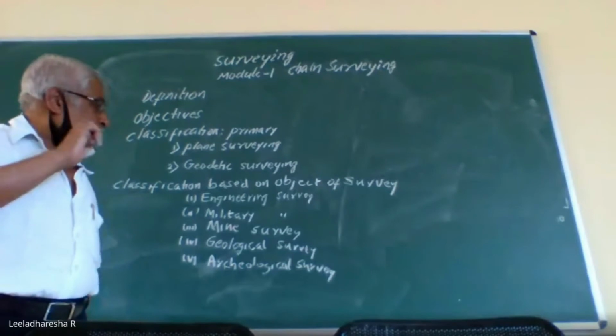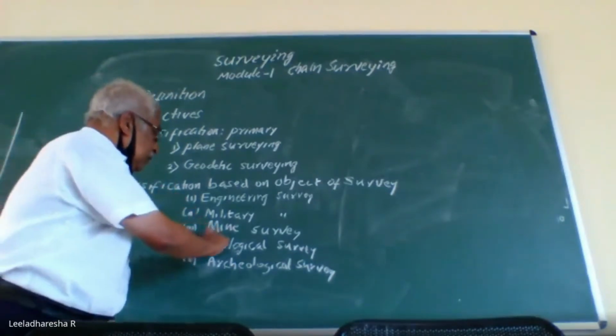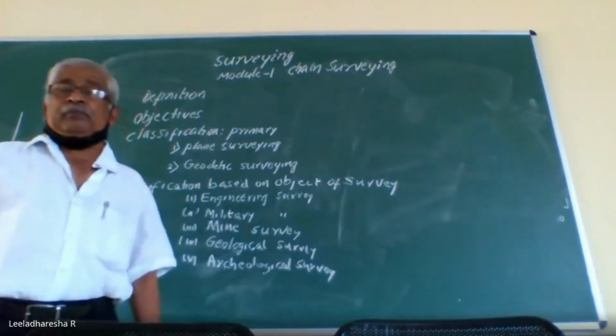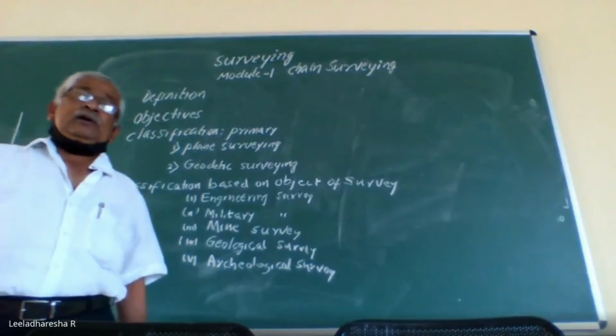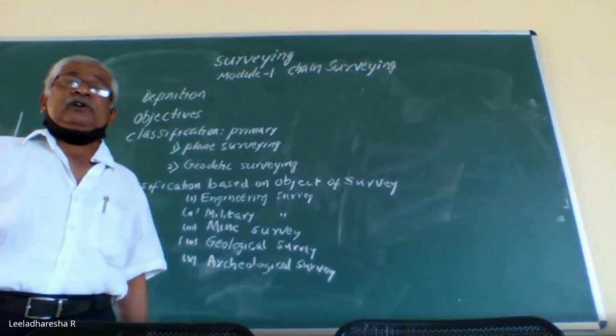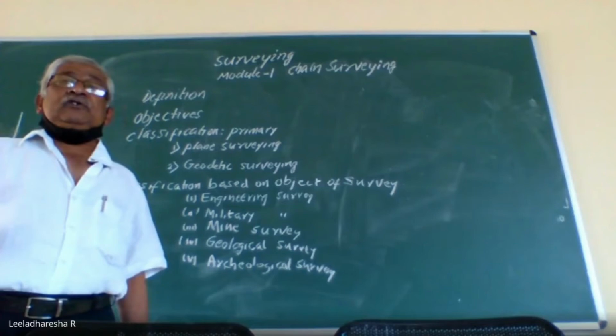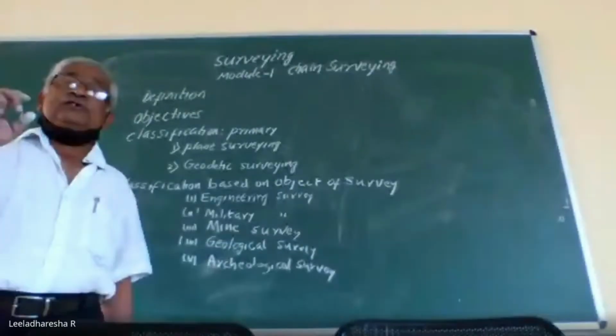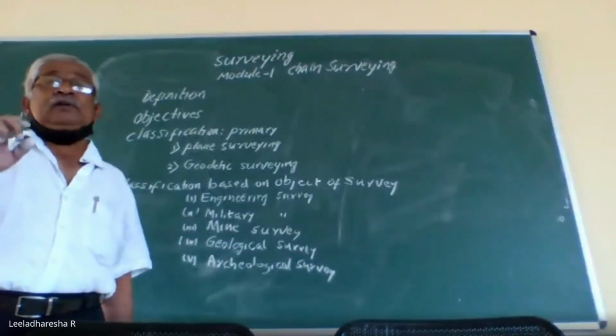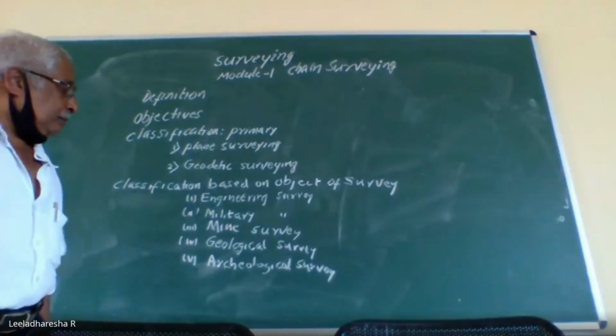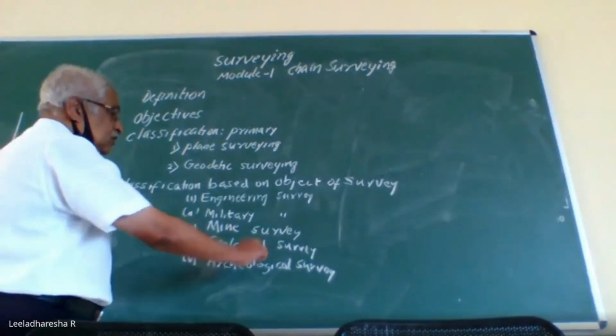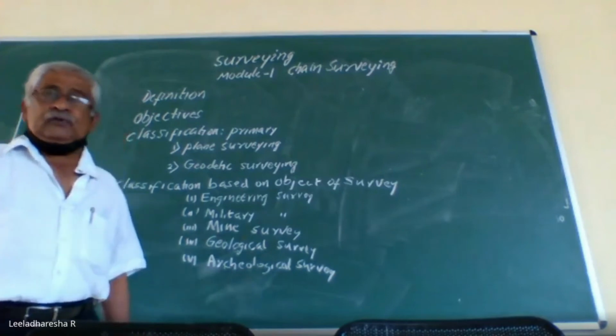So, we are going to carry out mineral survey. The entire India mineralogical survey is being carried out and it is marked which mineral is available in a particular area. And next one is geological survey.